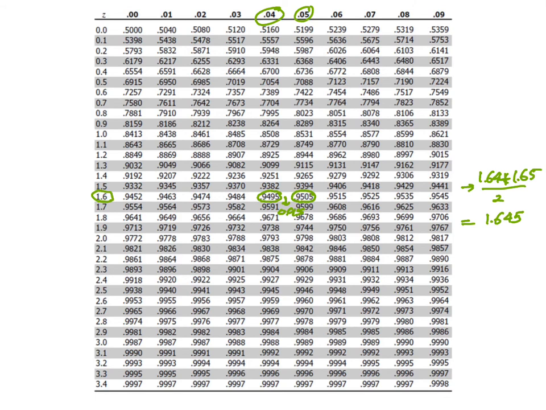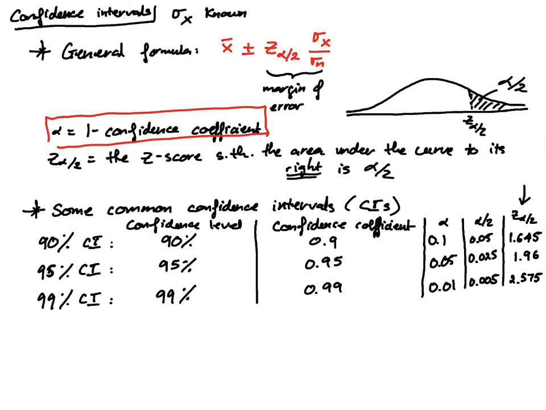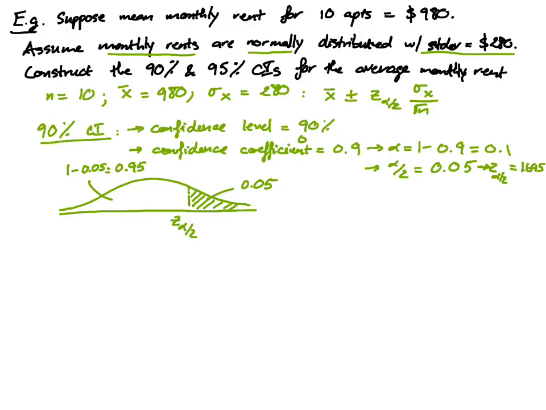If you go to the table I gave you earlier, that's exactly what we got, okay? So z sub alpha over 2 is 1.645, right? And that's how we got this, okay? So now let's go ahead and apply the formula, right?